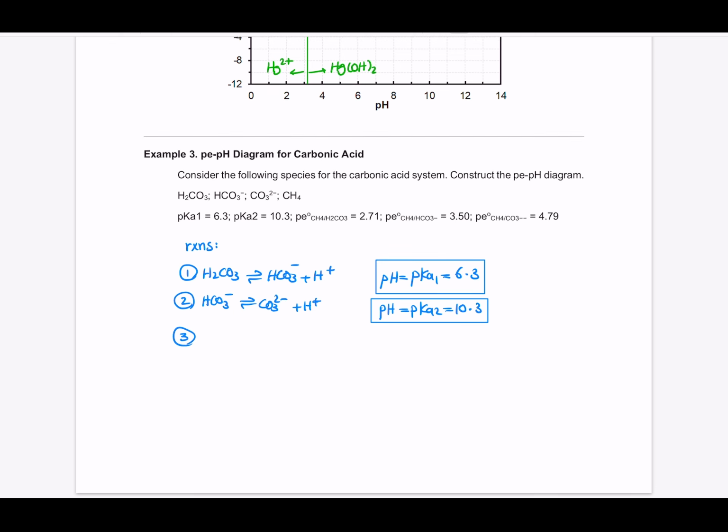The third is basically the methane to carbonic acid. The equation would be PE equal to 2.71 minus pH. And the next one is between methane and bicarbonate.